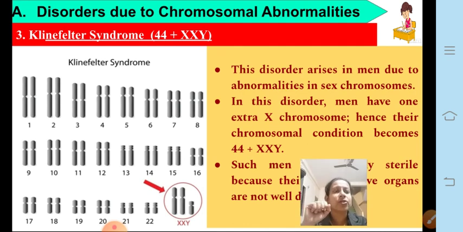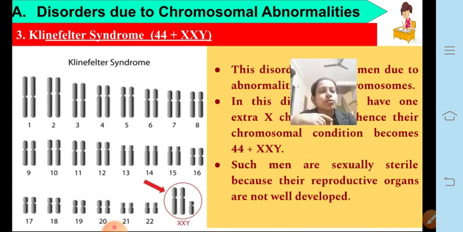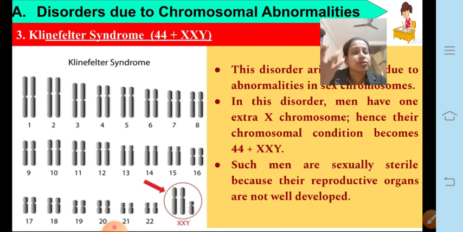Men have an extra X chromosome, hence their chromosomal condition becomes 44 plus XXY instead of the normal 44 plus XY. Such men are also sexually sterile, which means they cannot help in the process of reproduction because their reproductive organs are not well developed.